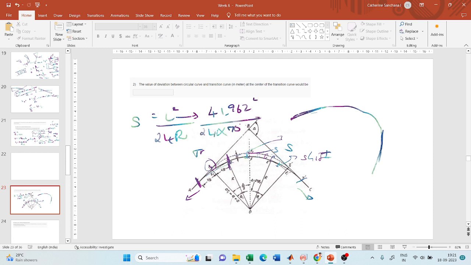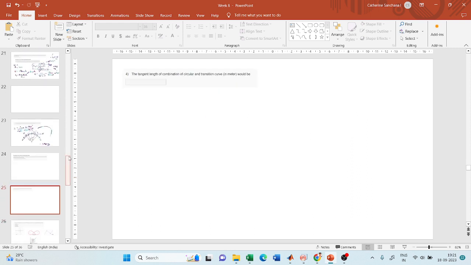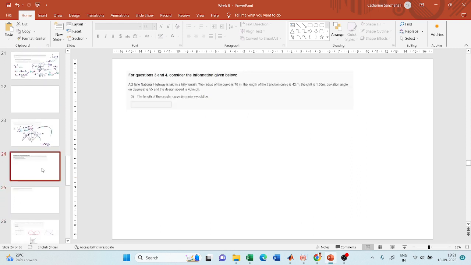It is 70, given in the question, and this will be 1.048 meters. So this is the final value for the shift of the horizontal curve introduced because of the introduction of the transition curve.